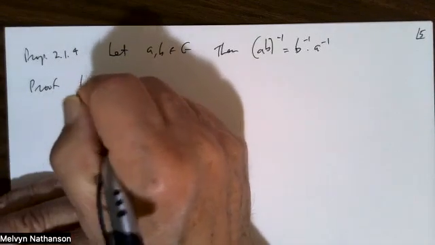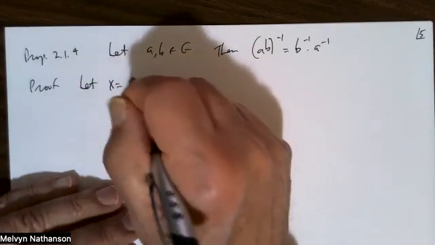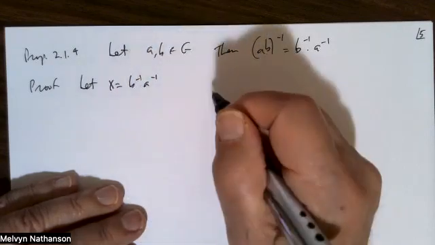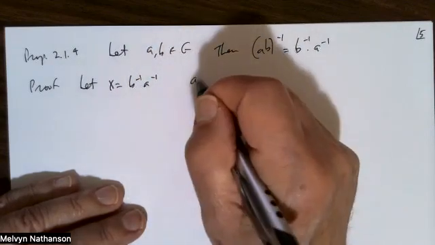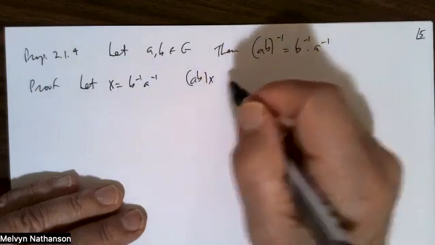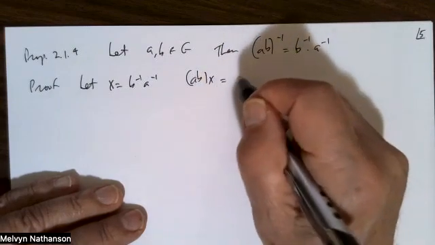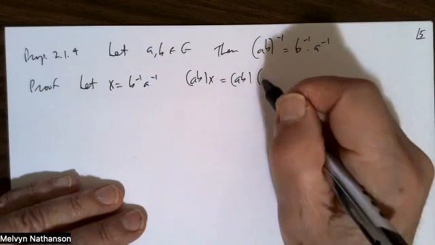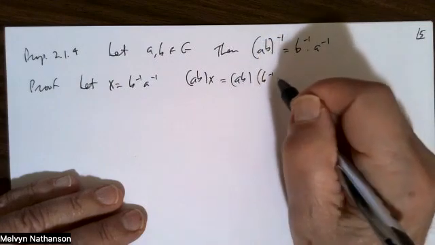So suppose I let X be B inverse A inverse. Then what is AB times X?